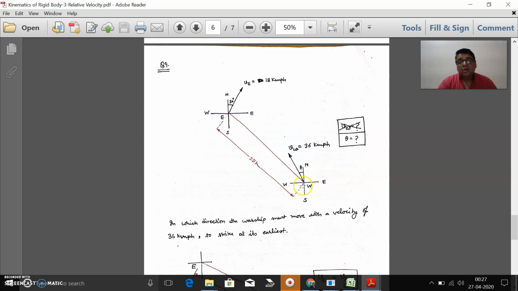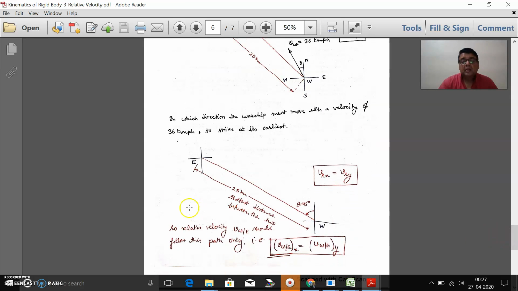Because of that reason only, it will strike this enemy ship at the earliest. And when it will strike, because the firing range of warship is 5 km, I am interested in the time till which it will travel only 5 km distance. Just after 5 km relative distance, it will strike.